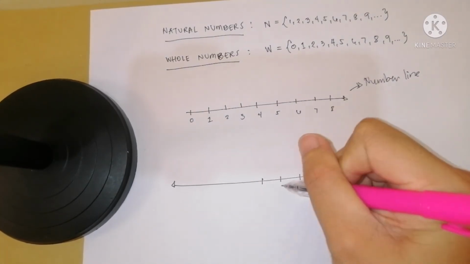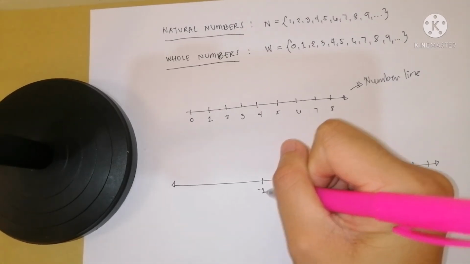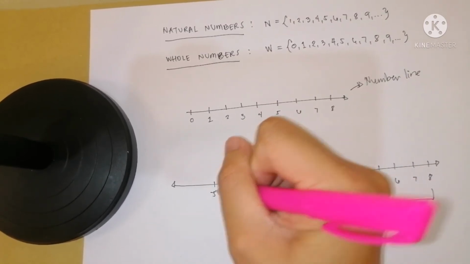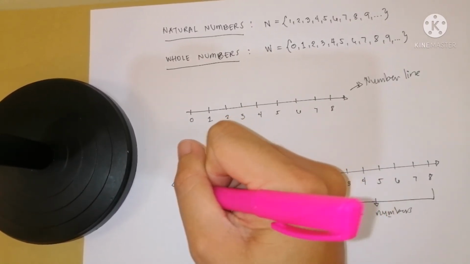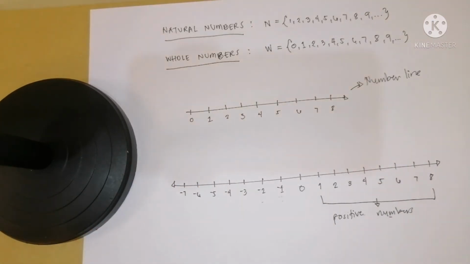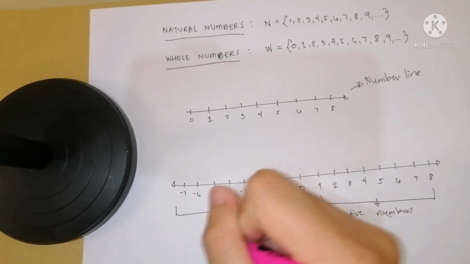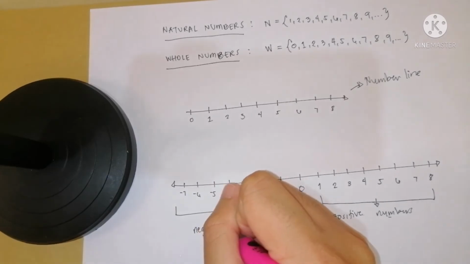On the other side, to the left of 0, we have -1, -2, -3, -4, -5, -6, -7, and so on. The arrow pertains to the number next to -7. So if the numbers to the right of 0 are called the positive numbers, the numbers to the left of 0 are called negative numbers.